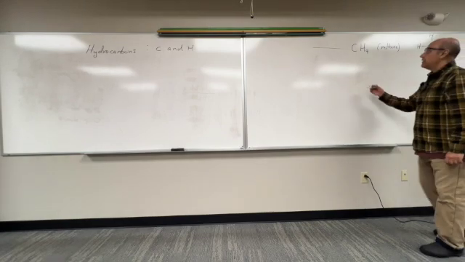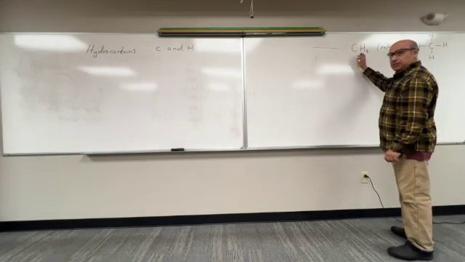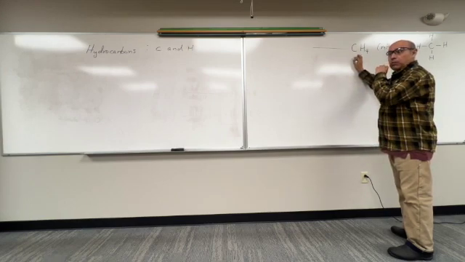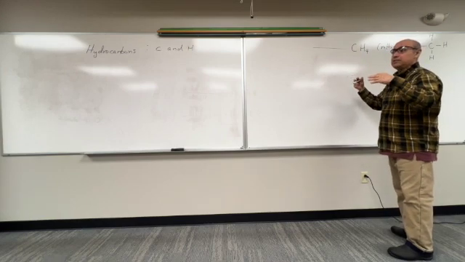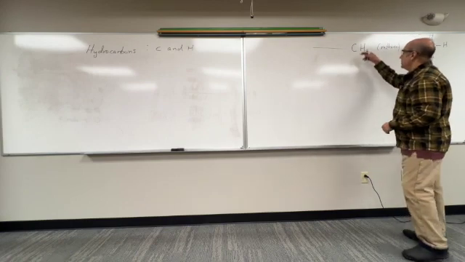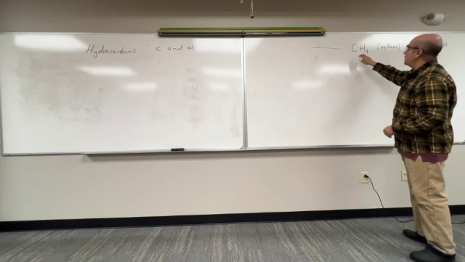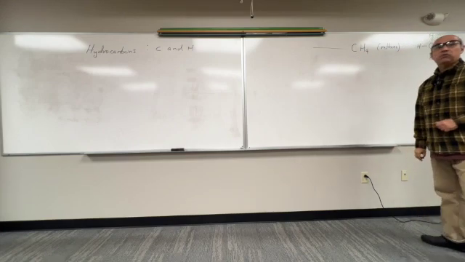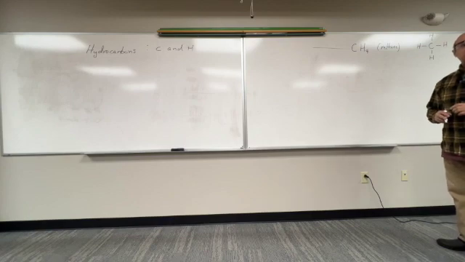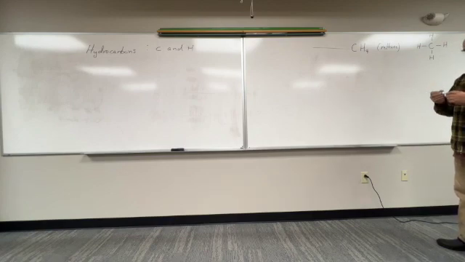Now, this is the simplest hydrocarbon, but there's many more. What would you say is the next logical, simpler hydrocarbon? Not as simple as this, but a little bit bigger. What would you say is the logical progression? Could go either way. It could go C1 something, or it could go H5 something.